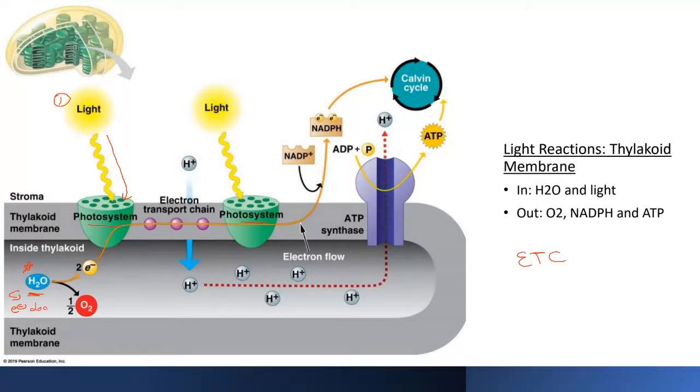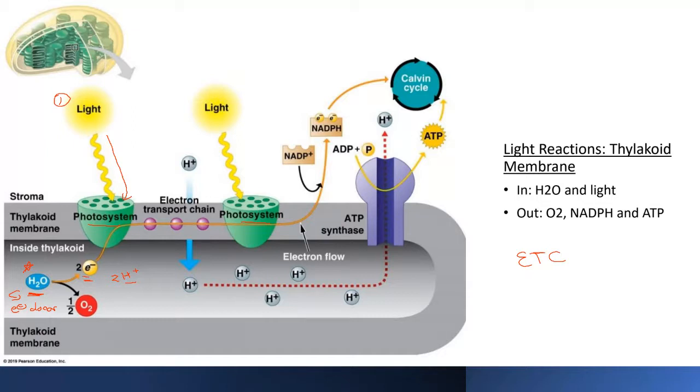donor. As water is used, there's going to be an enzyme that is able to break it apart. One water molecule is broken apart into 2 electrons and 2 hydrogen ions, because remember, a hydrogen atom is made of a proton, a hydrogen ion, and an electron.